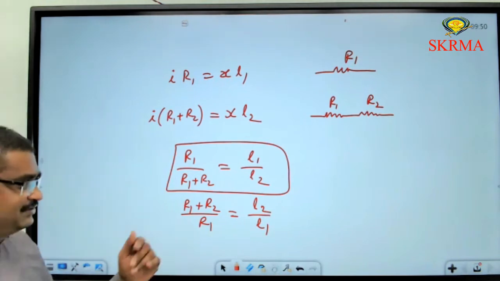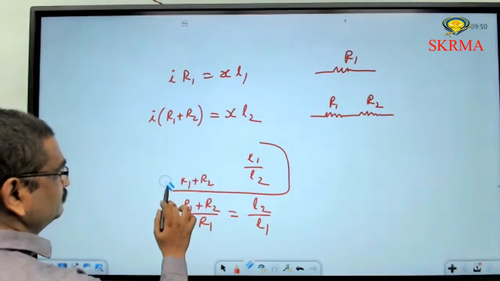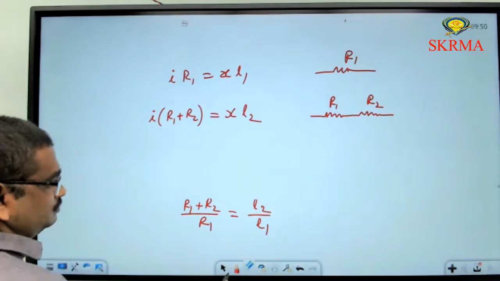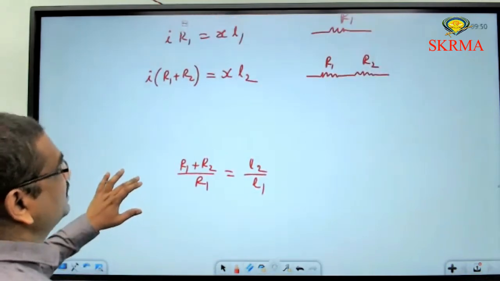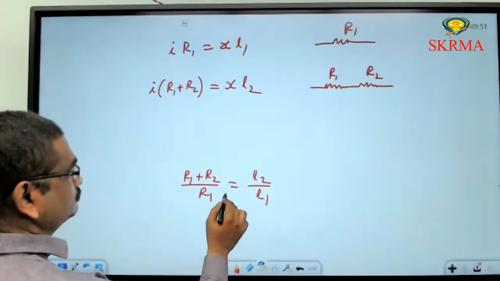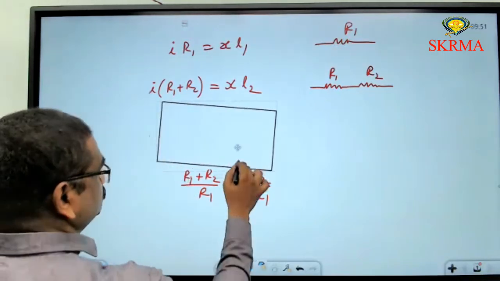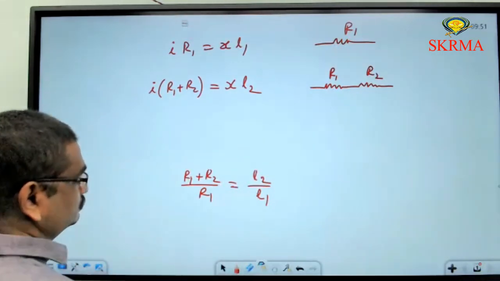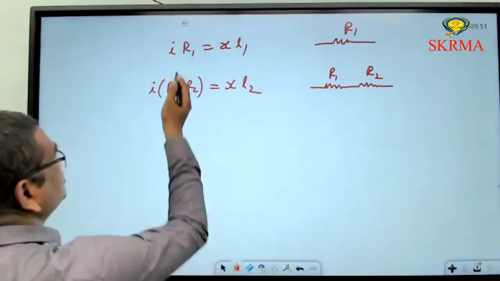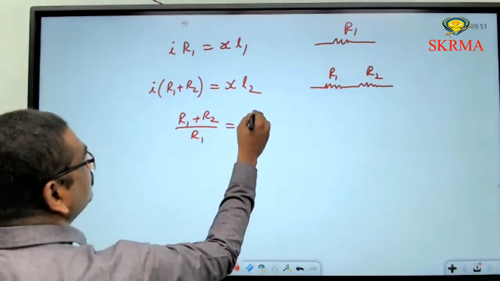From these equations you can solve for the R1 R2 ratio. Take the ratio between the above two equations: R1 plus R2 by R1 equal to L2 by L1.